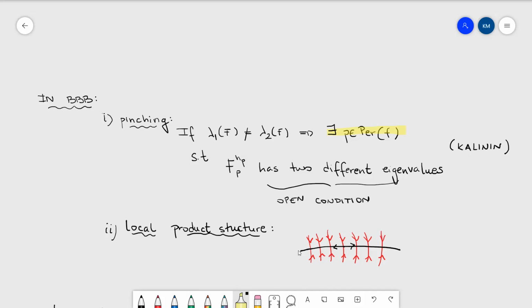You have unstable and stable manifolds. Essentially, the idea is that you can project along the stable manifold and restrict your problem to the unstable, the black one here that is the unstable manifold. So you have a projection that reduces your problem to the unstable manifold.